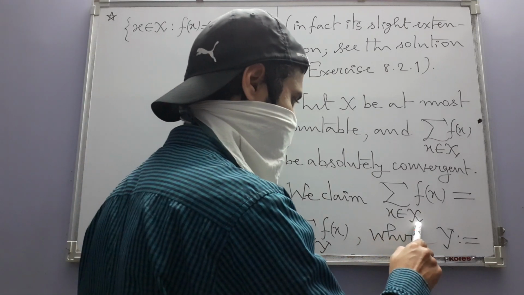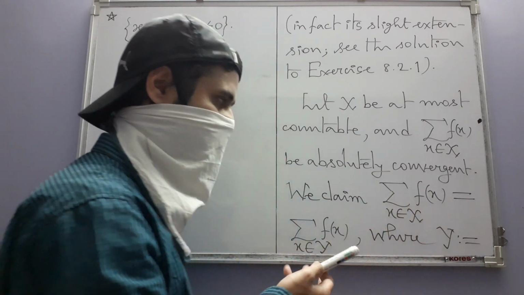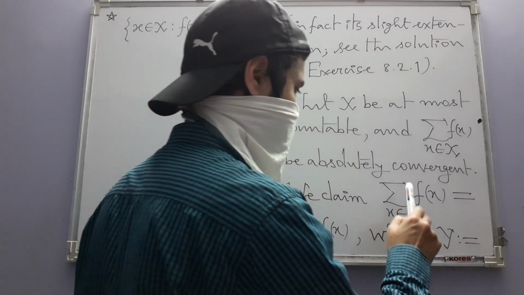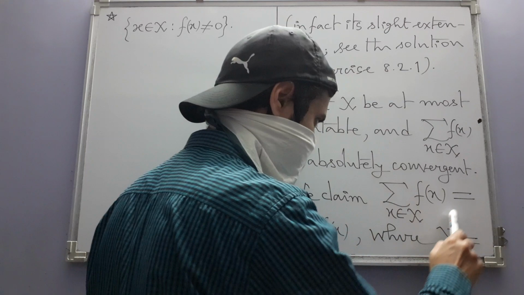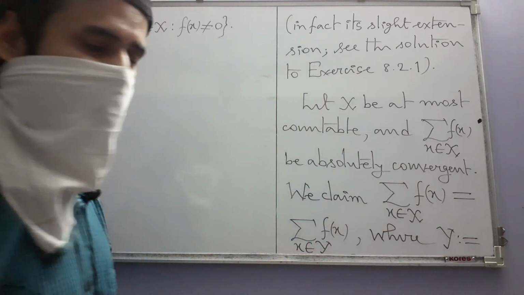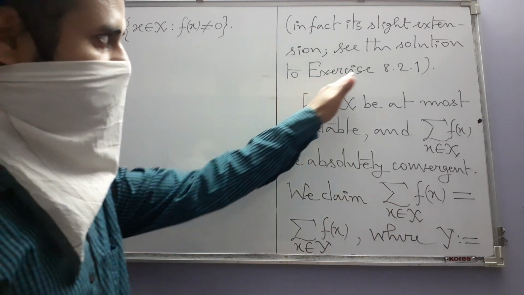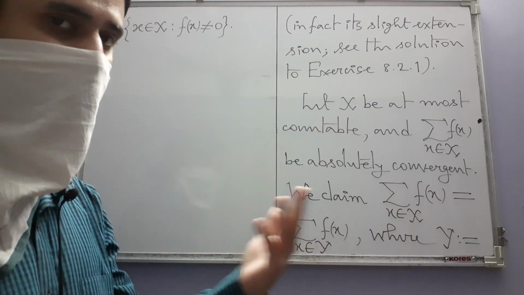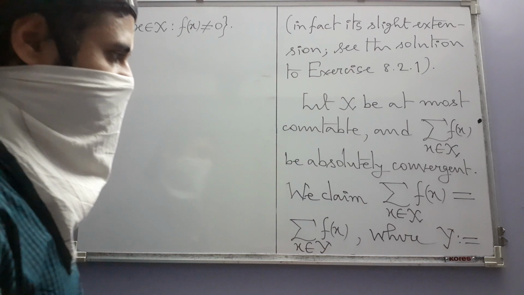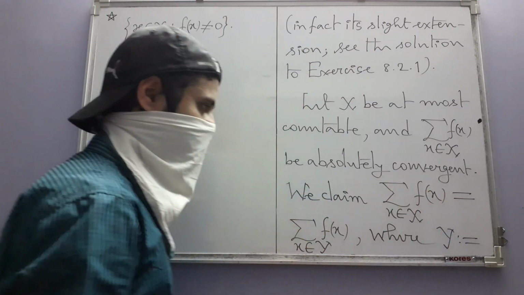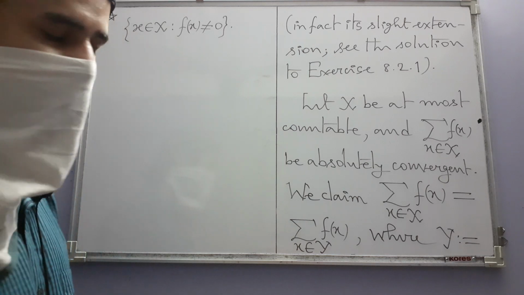If X is finite, we know what this means. It's just a finite sum. When X is countable, its value comes from definition 8.2.1, the first definition of absolute convergence. And now we want to prove that this sum is equal to this sum. So that's what we want to prove.